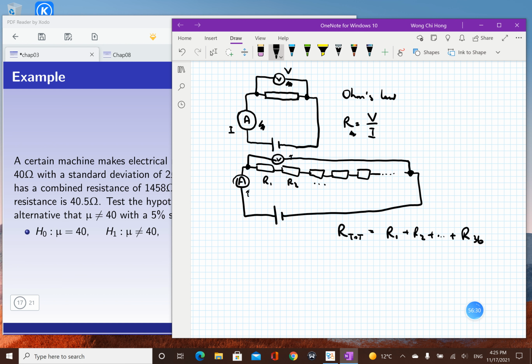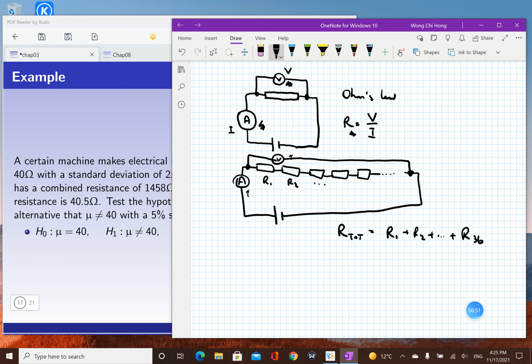One for current, one for voltage, and then we just divide the two using Ohm's law, and we get the total resistance of the lot. After all, we're just adding them together. I don't care what they have for each one of them. Yeah, so this might be better.